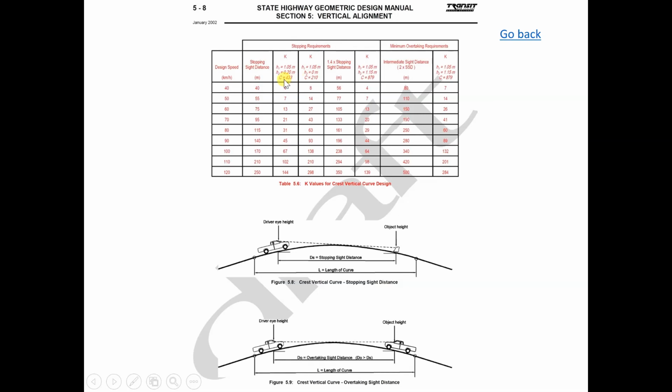One hazard is very low, at 0, and then one is higher, almost as high as the driver's eyes. So you look at the hazard here, this is the object height, and this one you look at the car on the other side of the road. So this one is mostly for the overtaking sight distance.